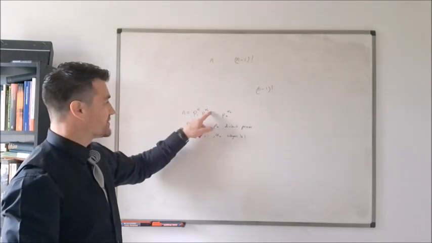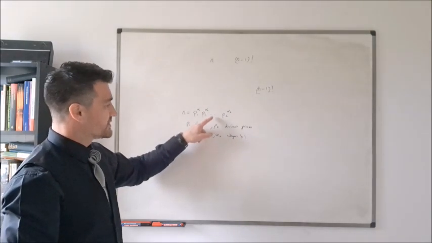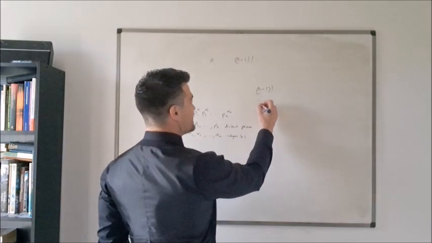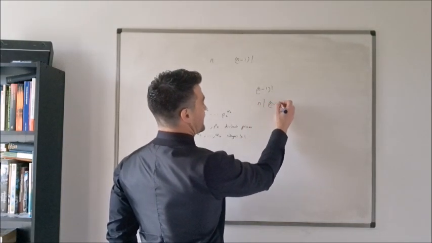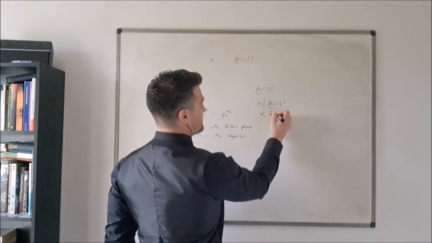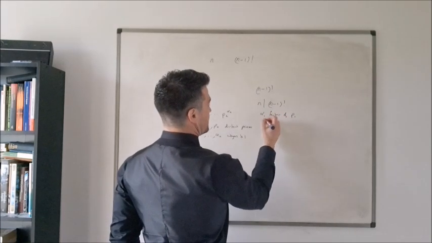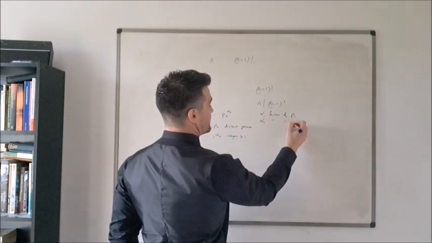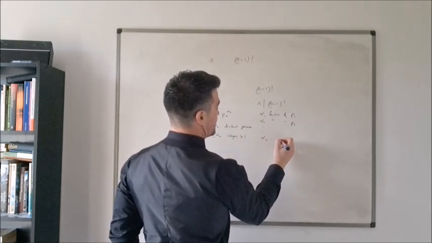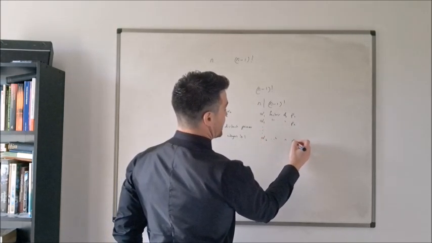There must be alpha 2 factors of p2. And so on and so on and so on. There must be alpha k factors of pk. So if n divides n-1 factorial, then there must be alpha 1 factors of p1, alpha 2 factors of p2, alpha k factors of pk.